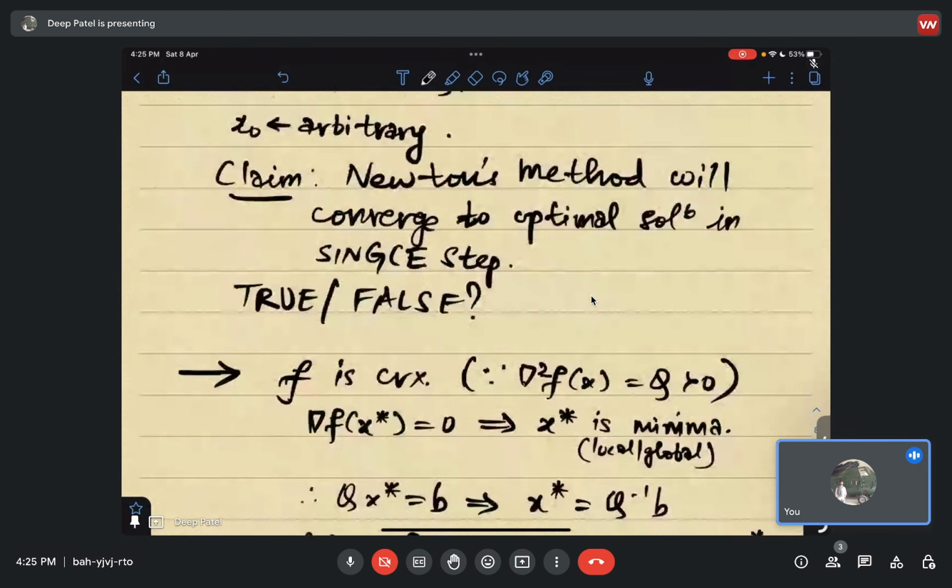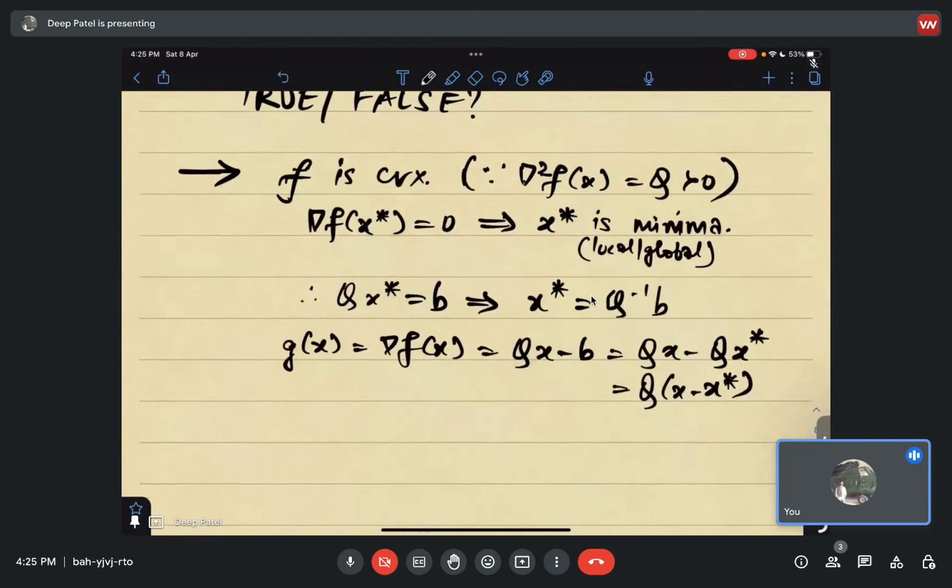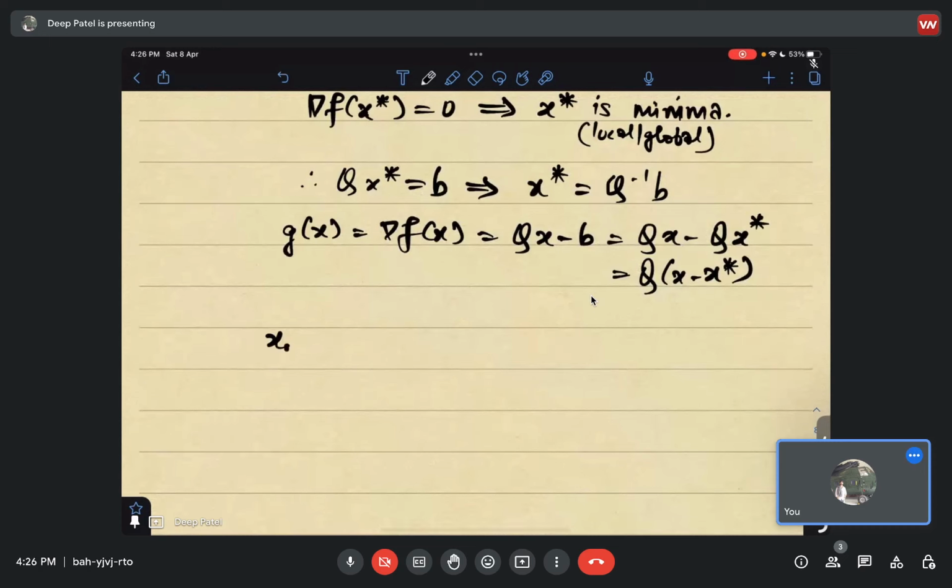Right, so what else can I do here? What is Newton's method? What is the Newton step? Let's say I start at x0 and I want to go to x1. What is the direction that I have to take?